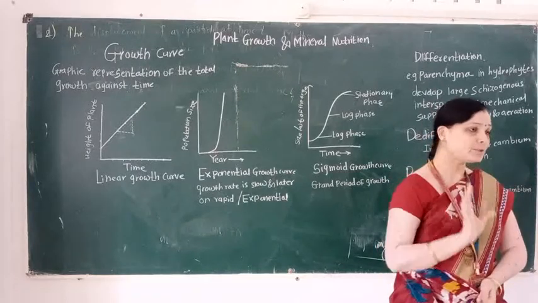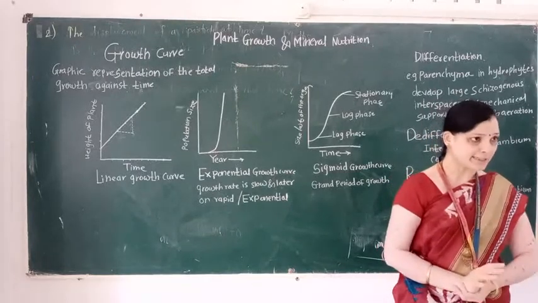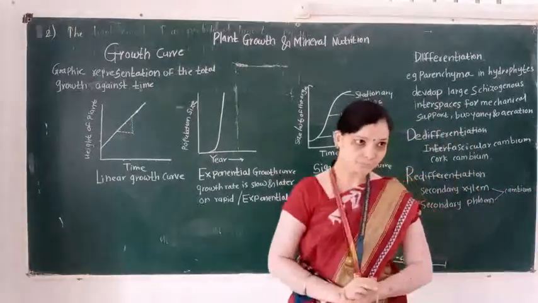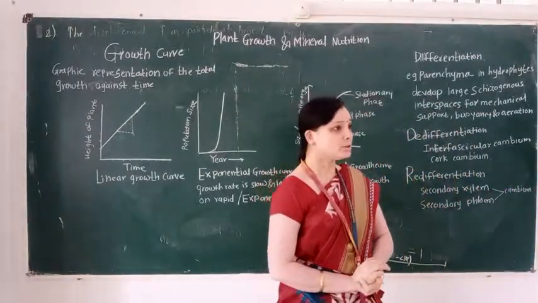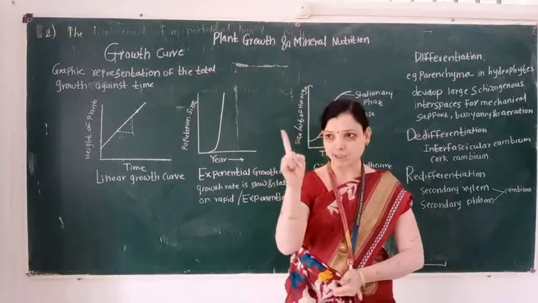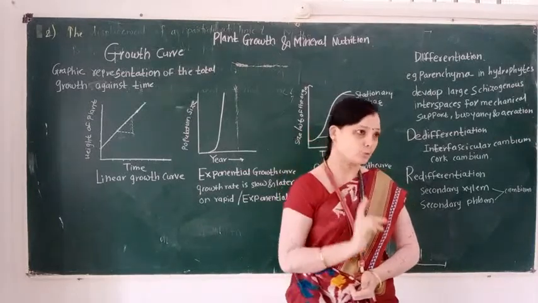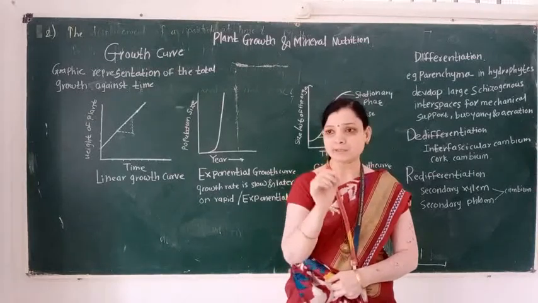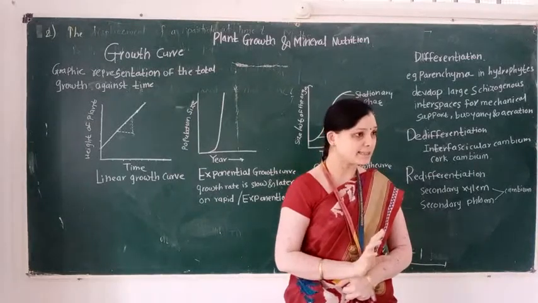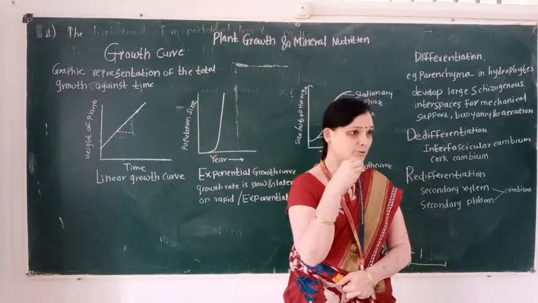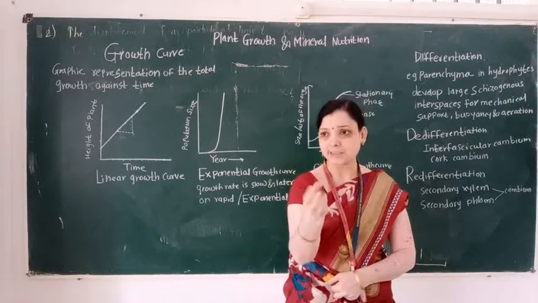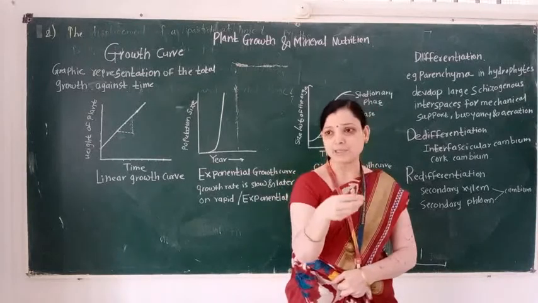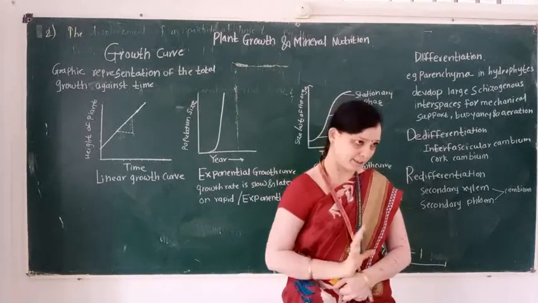So we see the first type, that is the linear growth curve. You know the types of growth. First type is arithmetic growth. In this type, meristematic cells are groups of young and immature cells having the ability of cell division.